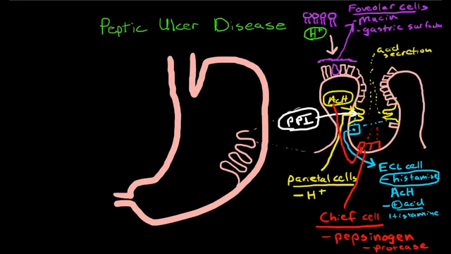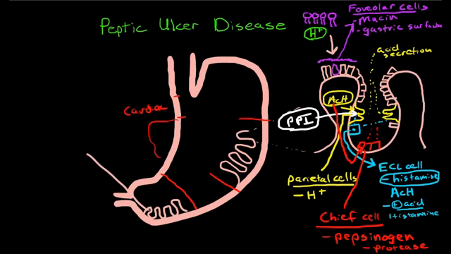Now, the mucosa varies from one part of the stomach to the other. We have cardiac mucosa that is unique, and then we have the mucosa of the body of the stomach, and then we have mucosa in the antrum. The antrum of the stomach has a similar gross anatomy, but it has a different collection of cells.